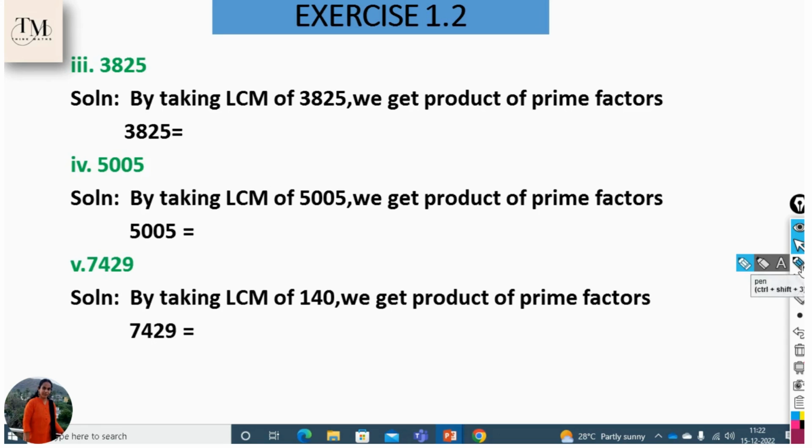So you can check in your free time whether it is divisible by 2, 3, 5, 7 and comment me. So its answer is 17 into 19 into 23. So prime factorization of 7429 is 17 into 19 into 23.